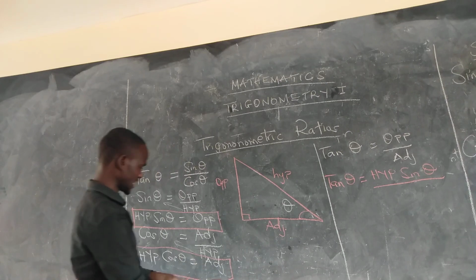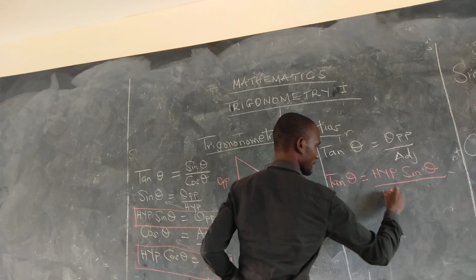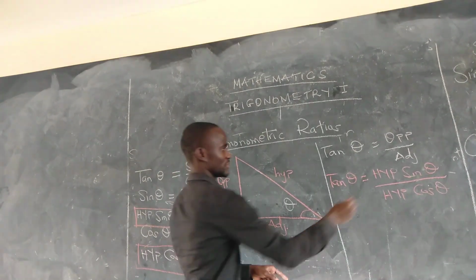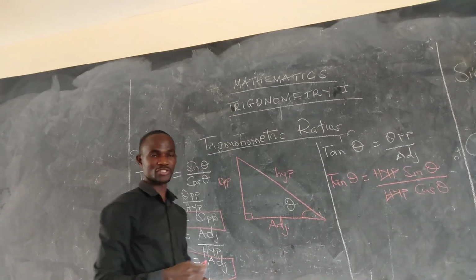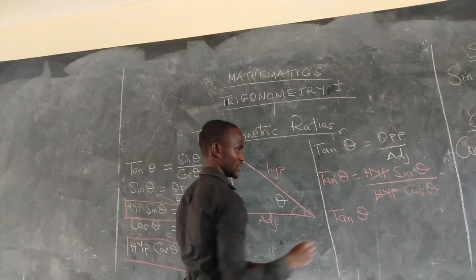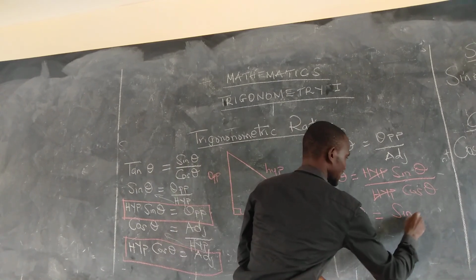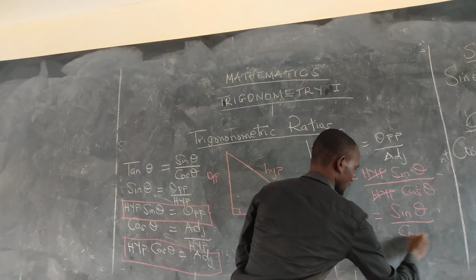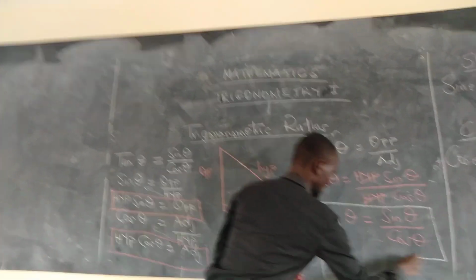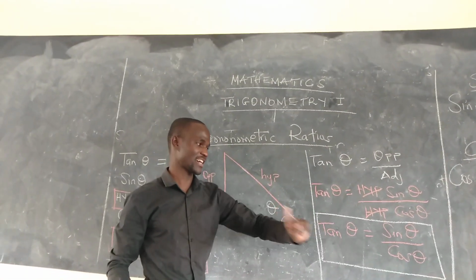Then where we have adjacent, this is what we have here. You take hypotenuse multiplied by cos theta, then we can actually cancel out hypotenuse. Then we remain with tan theta being equal to sine theta over cos theta, and that one becomes the relationship between tan theta, cos theta, and sine theta.